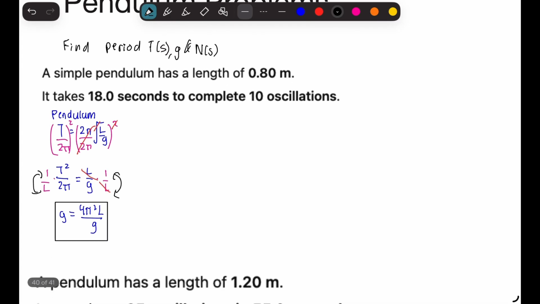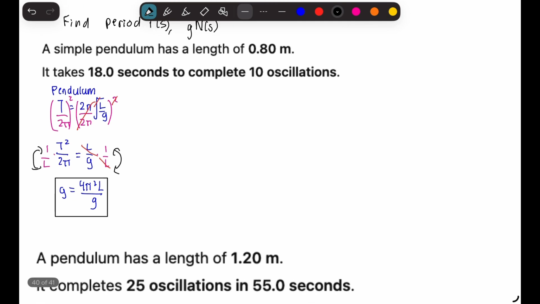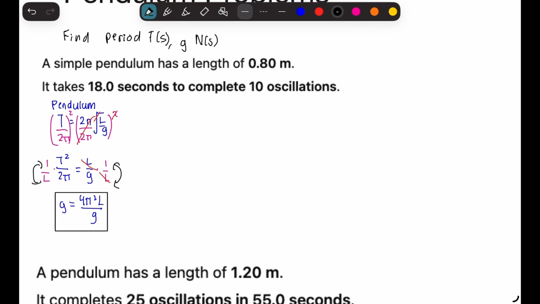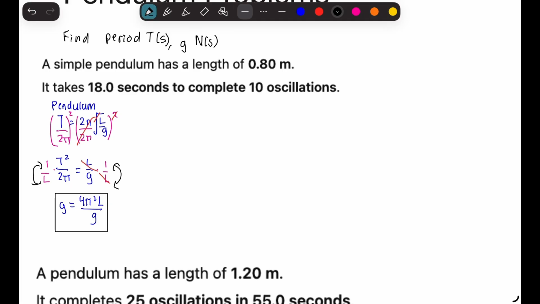So let's do this. For this first question, I'll just say gravitational constant. It's going to be experiencing different levels of gravity.